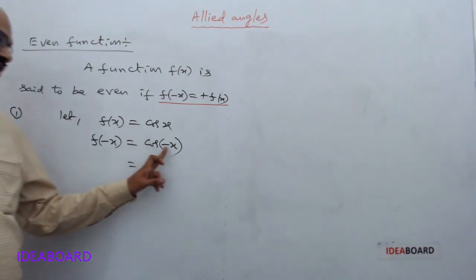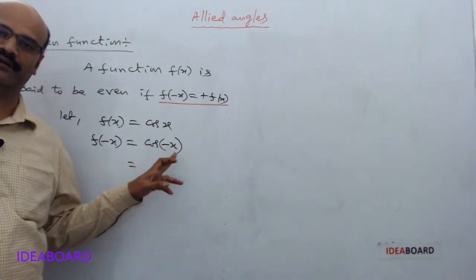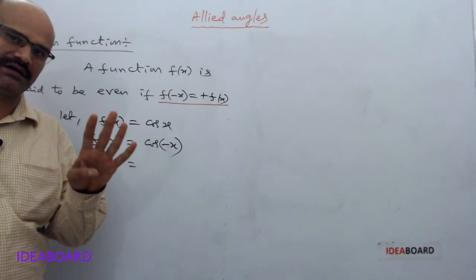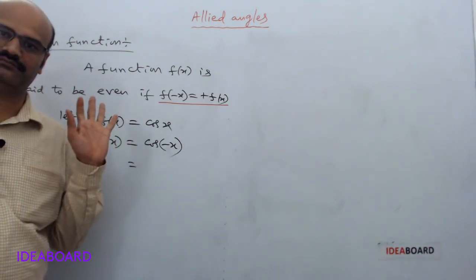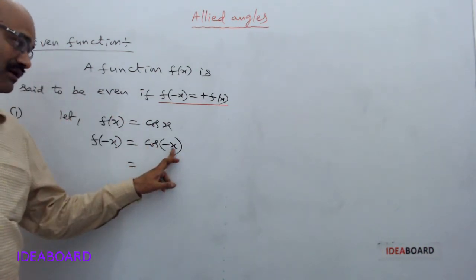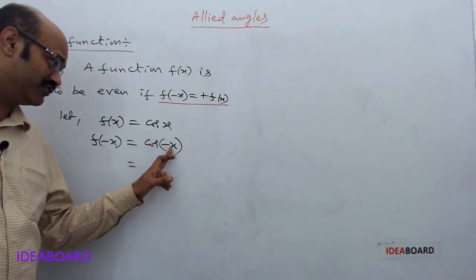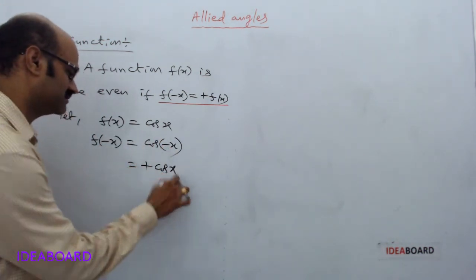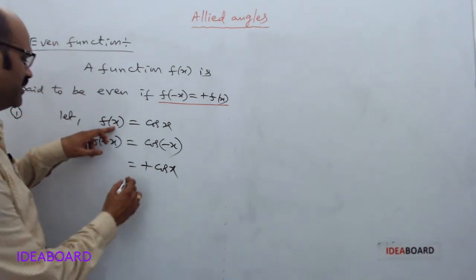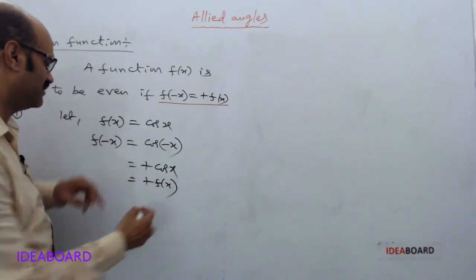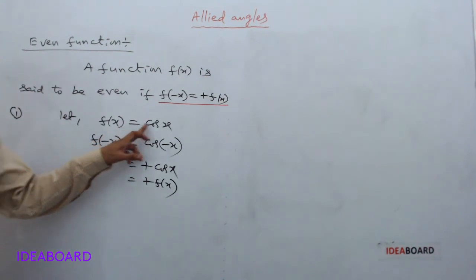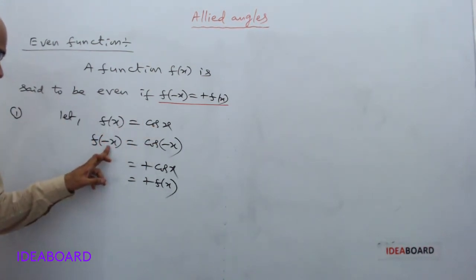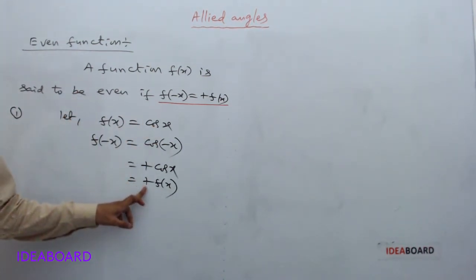We know that minus x lies in the fourth quadrant. In the fourth quadrant only cos and secant are positive. So cos of the angle which is allied to minus x, which is plus x, gives plus cos x. So you are getting plus f of x. So we say that f of x equal to cos x is said to be an even function.